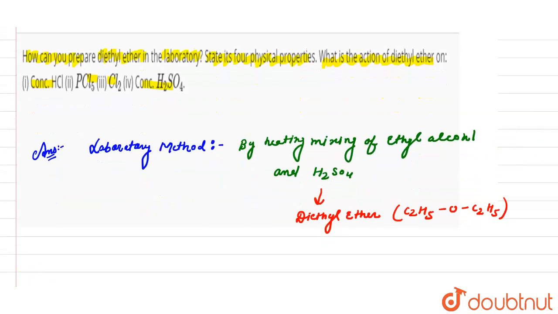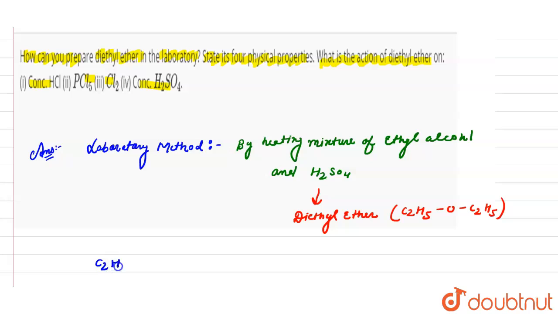So here diethyl ether is obtained by heating this mixture to about 140 degrees Celsius. Here we take C2H5OH, that is ethyl alcohol.